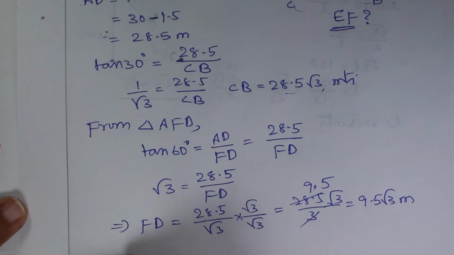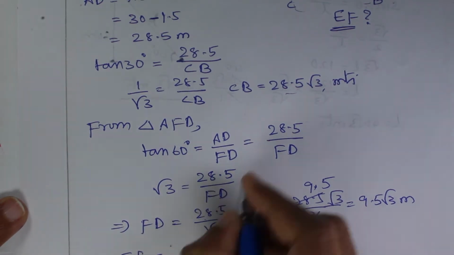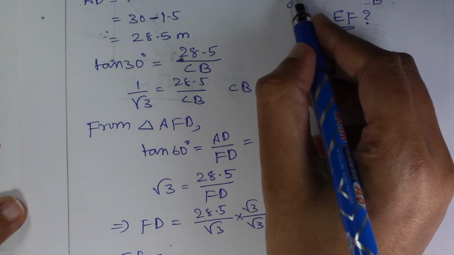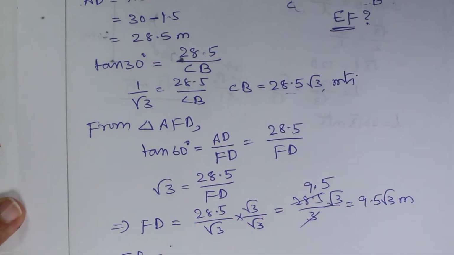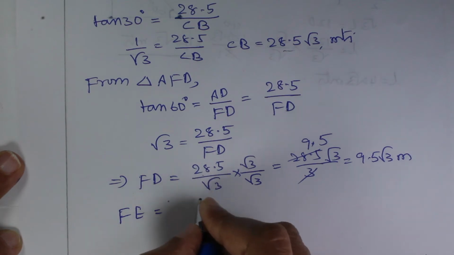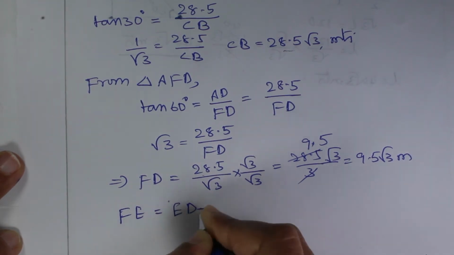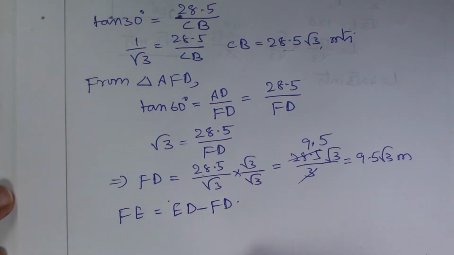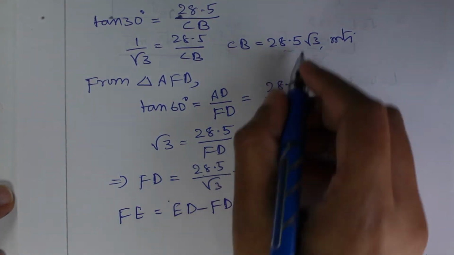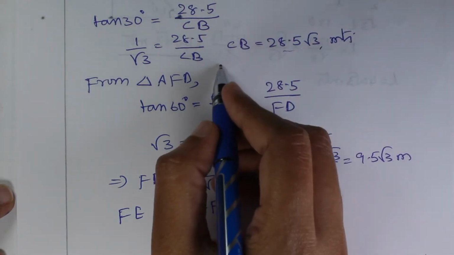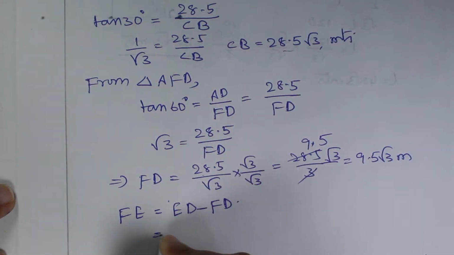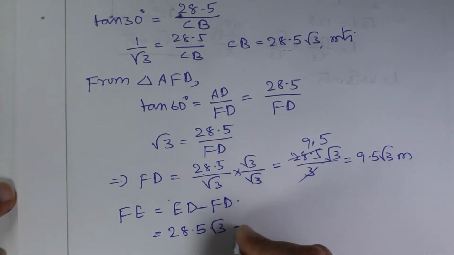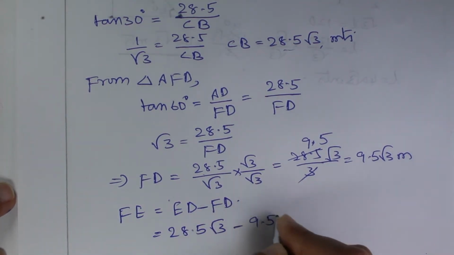So FE is equal to ED minus FD. So ED is equal to CB, which is 28.5 root 3, minus FD, which is 9.5 root 3.